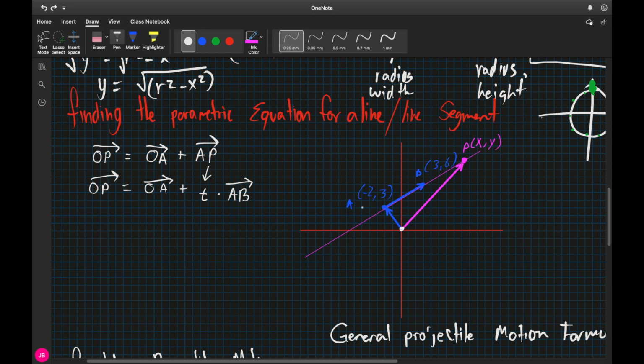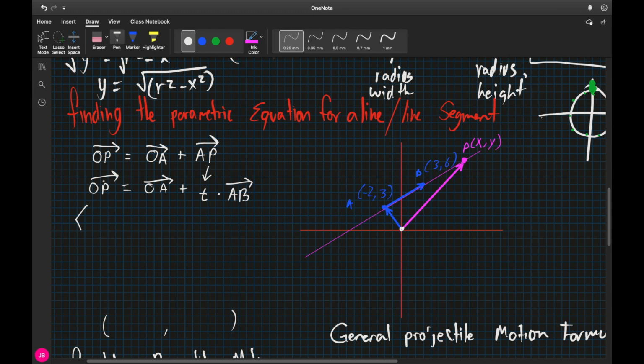Now, to find the parametrization of this equation, remember, a parametrization is basically a vector. So we're going to be looking for x to be equal to something and y to be equal to something. Let's put in a couple of points that we know.